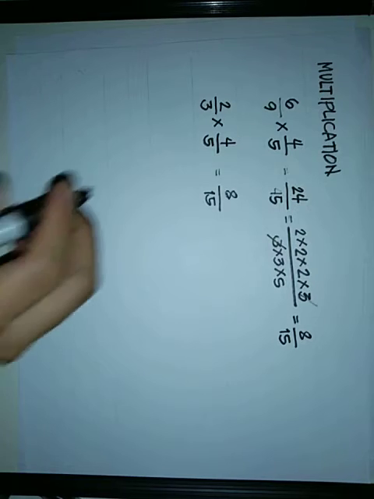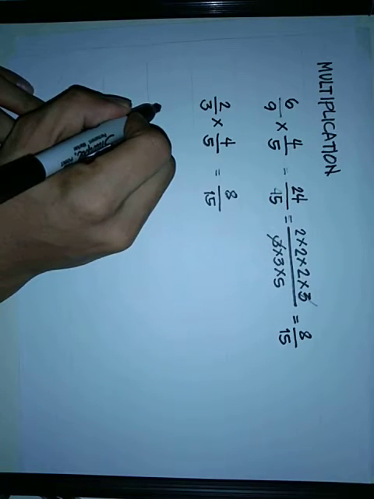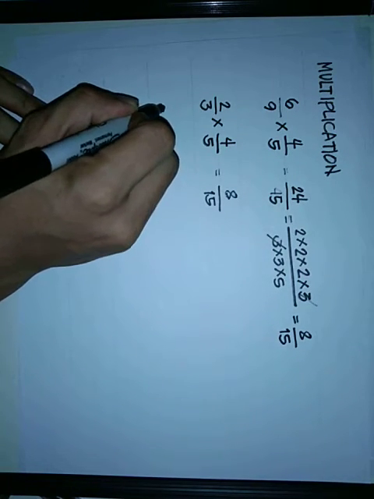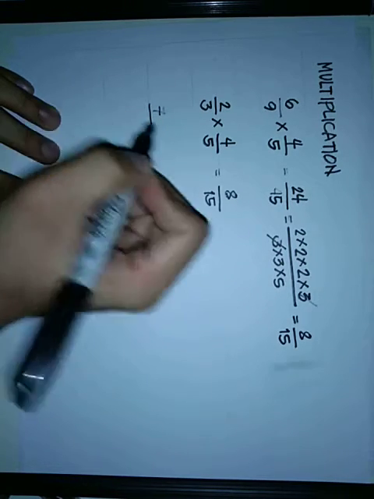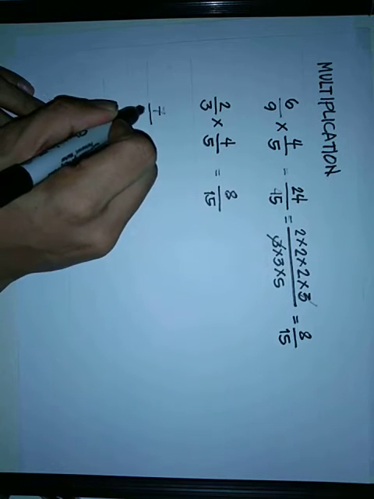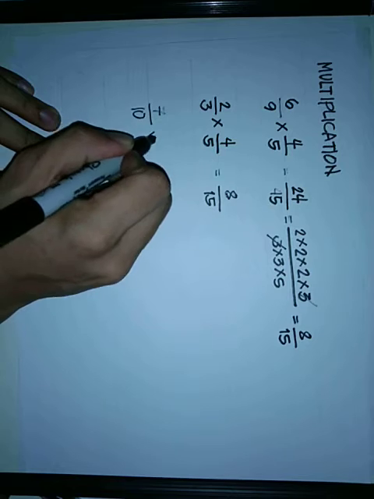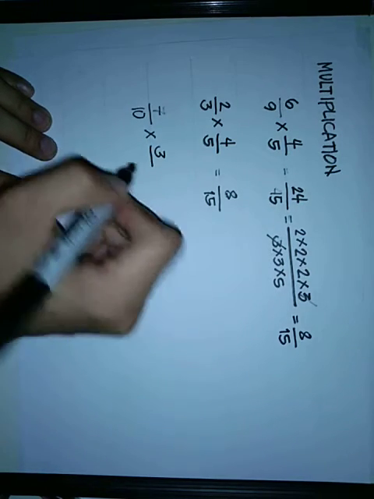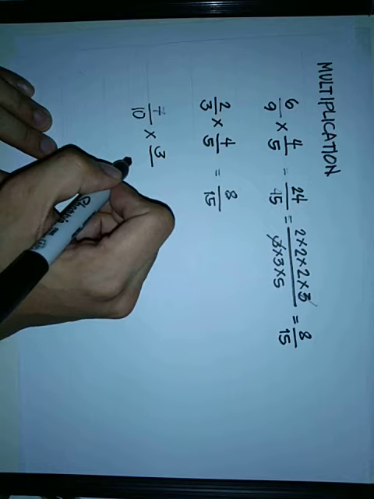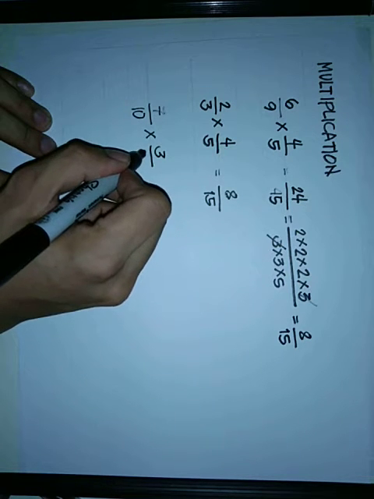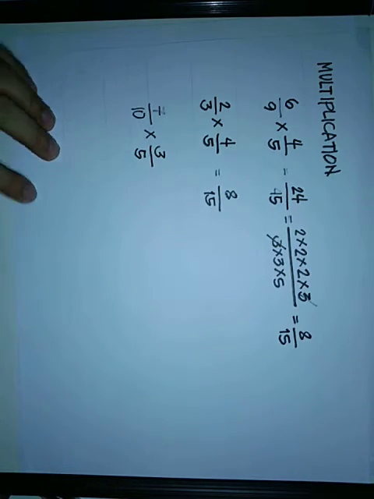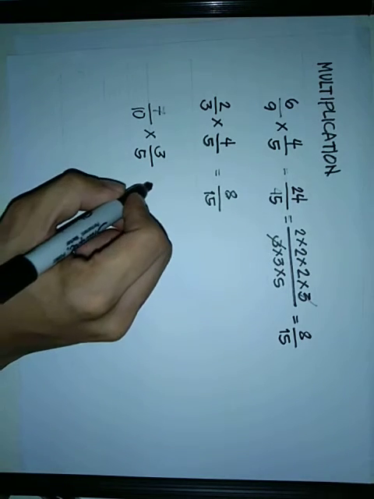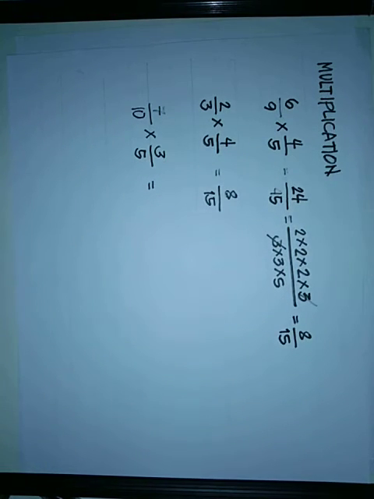Another example, let's try 7/10 times 3 over 5. Okay. So, ang i-multiply natin is yung numerator by its numerator.